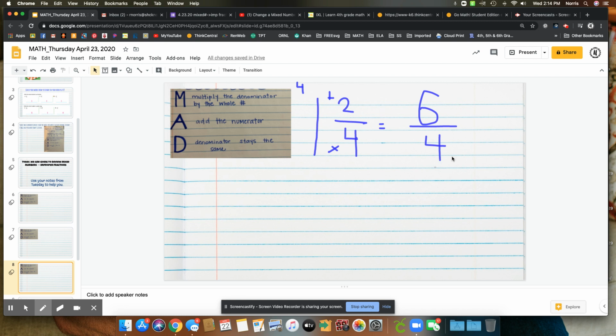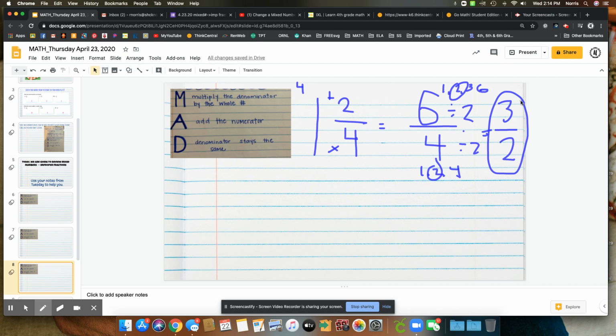Okay, so right now we would need to simplify this fraction because I know that 1, 2, 3, and 6 make 6, and 1, 2, and 4 make 4. So these two numbers actually have a GCF of 2. So I'm going to divide the numerator and denominator by 2, and I'm going to get 3 over 2. Okay, so that would be the answer that I would need to give.